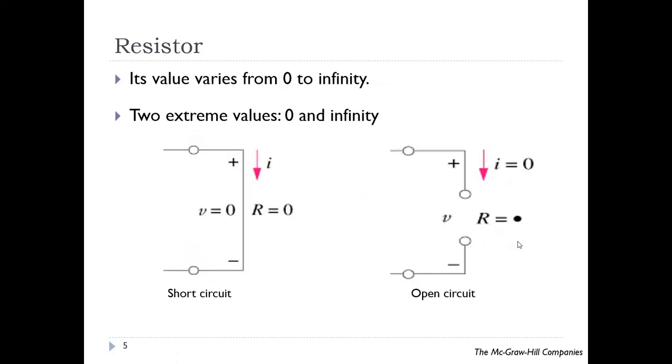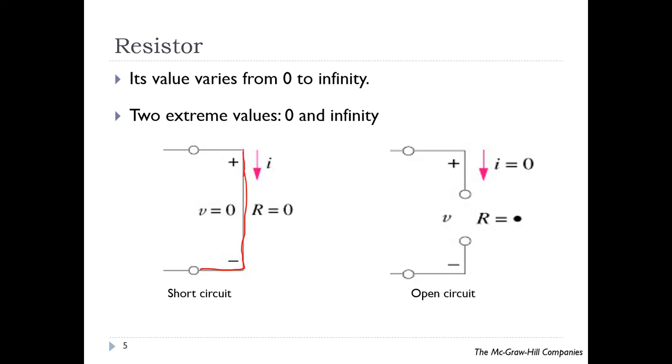There are two extreme values for resistor. One is 0, another one is infinity. For the case of zero resistance, because the value of the resistor is 0, there's nothing that obstructs the current flowing through, so you have a short circuit.